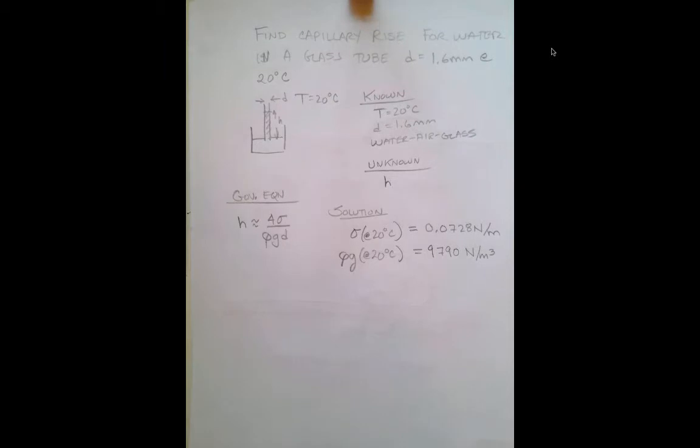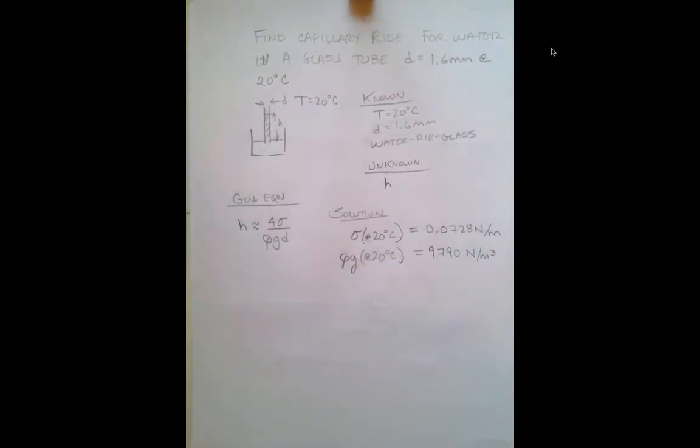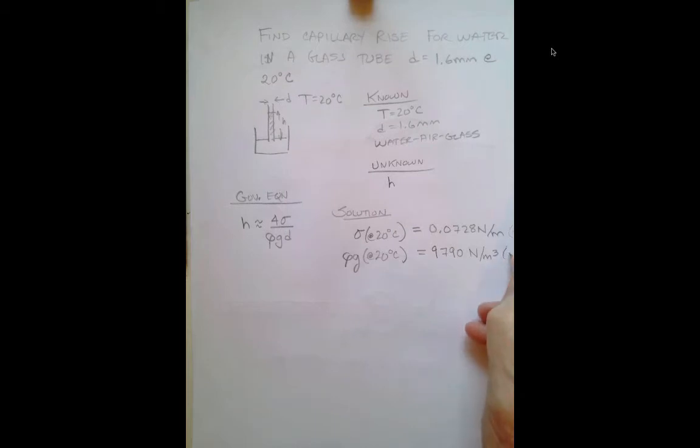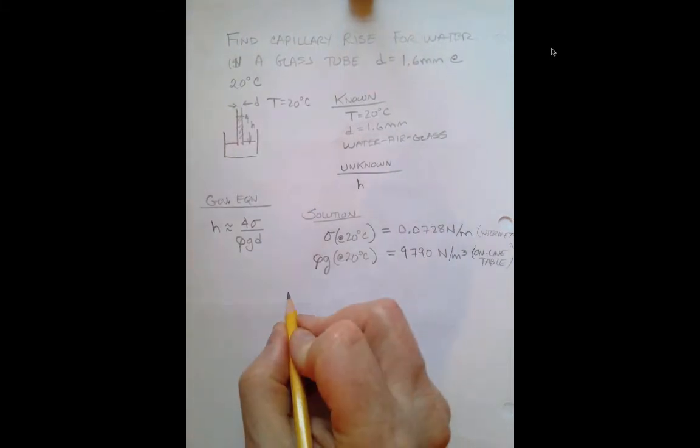I've written the two values that we've gotten down. This was an internet lookup. This is an online table, same as the table in the back of the book. And now we can go ahead and perform the indicated arithmetic.